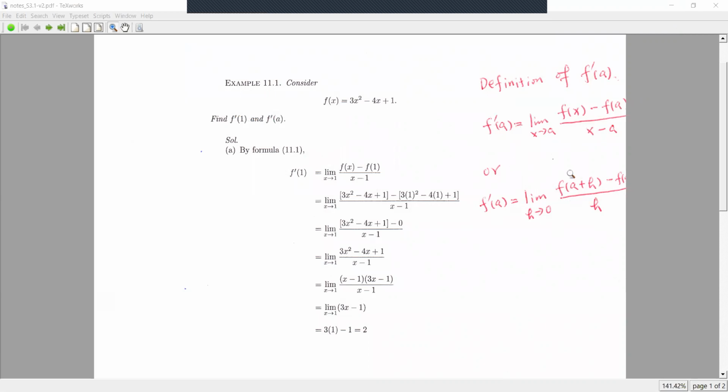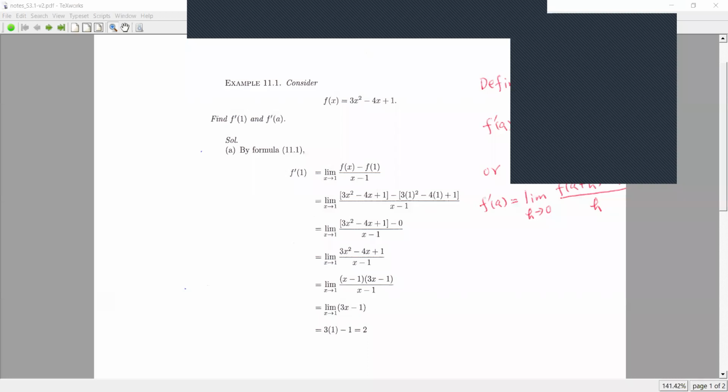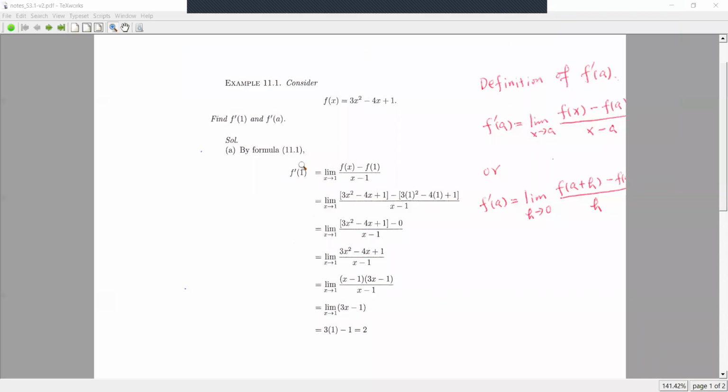Then use this formula to compute the derivative at a. By formula, derivative at 1 is this limit. Plug in this polynomial in the function f and compute function value at 1. Then we have this equation. Function value at 1 is 0.